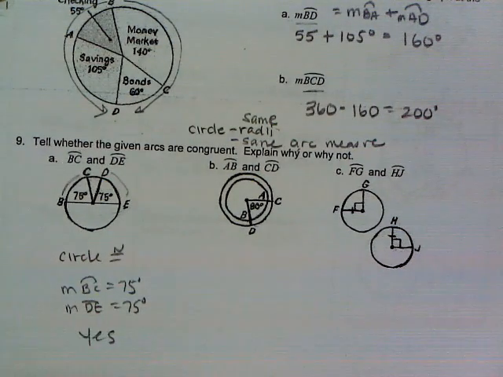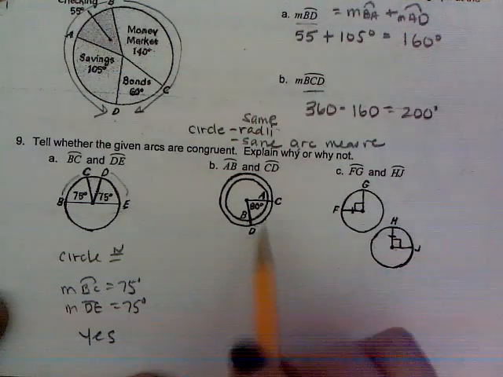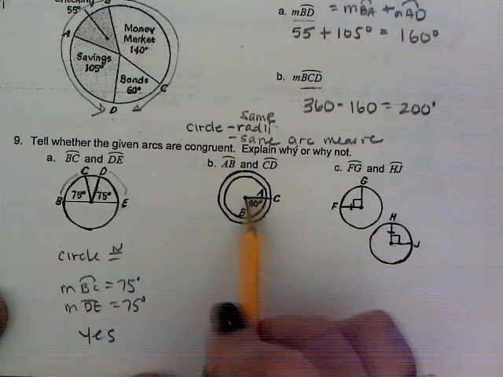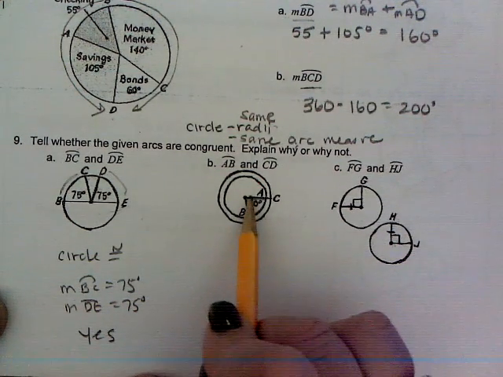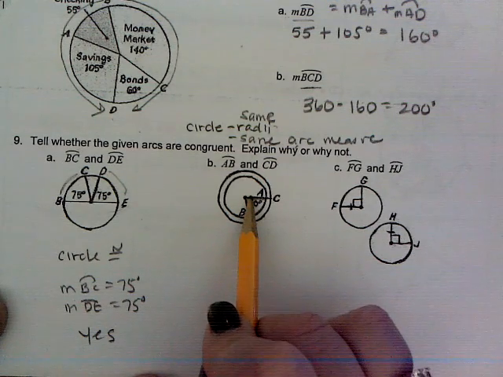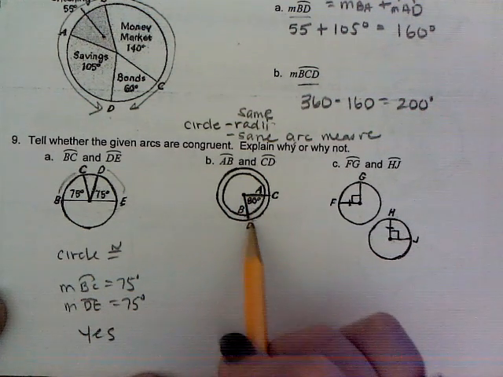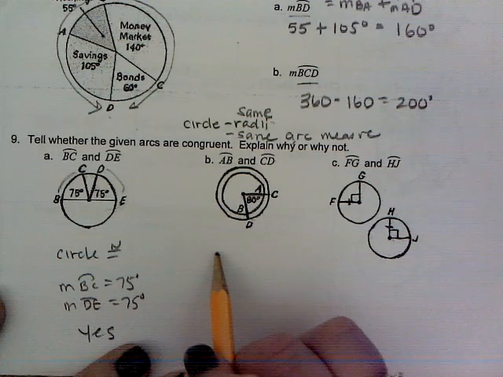On B, the first thing is they have to be congruent circles. Are the circles congruent? No, because their radii are not the same. For the first circle, this distance right here is obviously shorter because it's the inside circle, than the distance for the bigger circle. So the circles are not congruent.